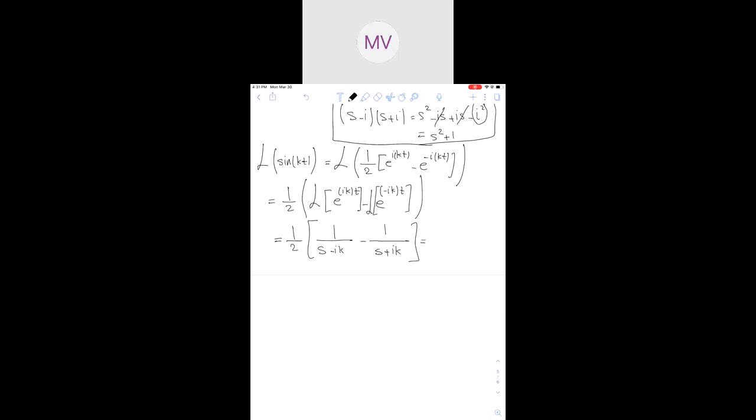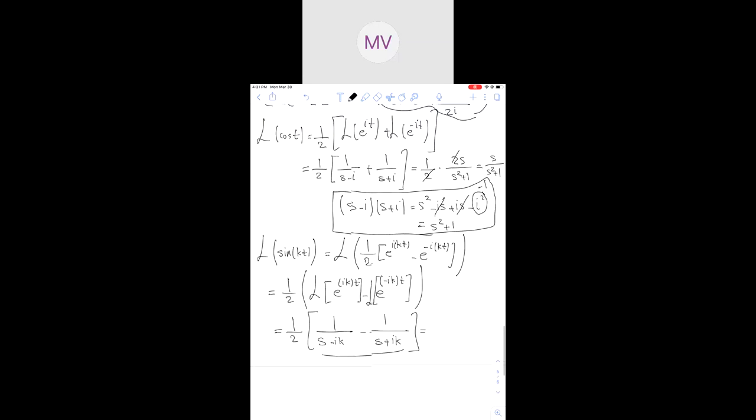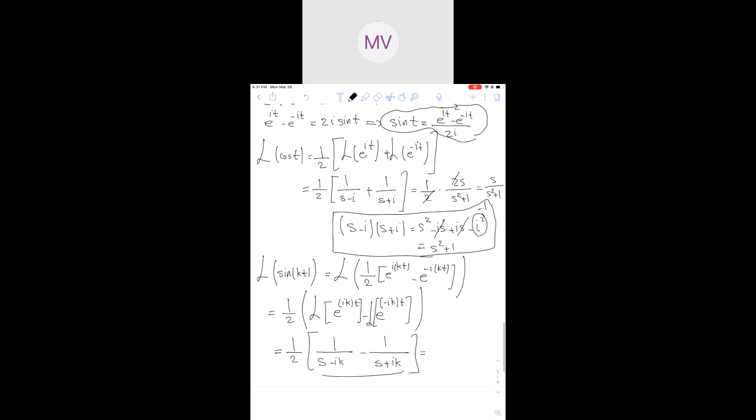Okay. Again, common denominator, right? Subtract those two fractions. You'll see that this is, guys, I'm missing something. Can someone tell me what I'm missing? What's the denominator of that ratio? 2i.